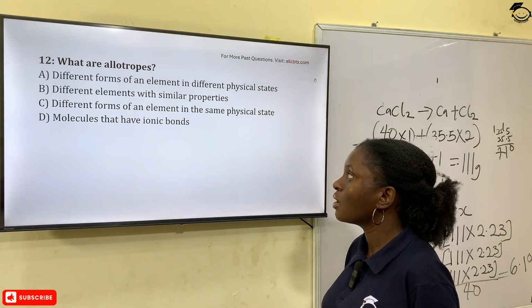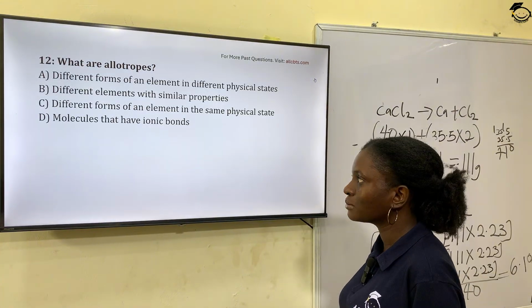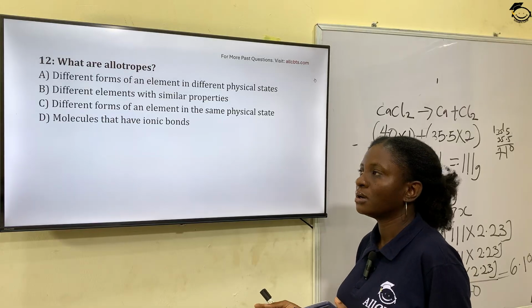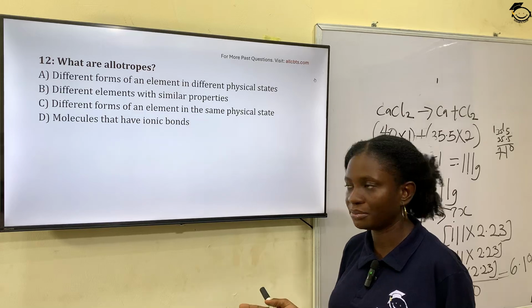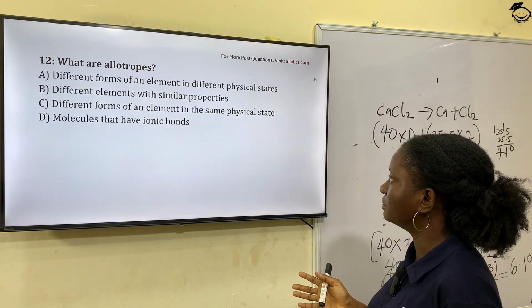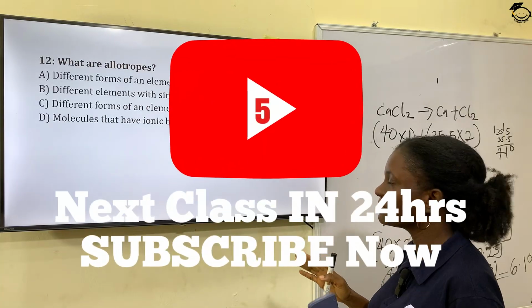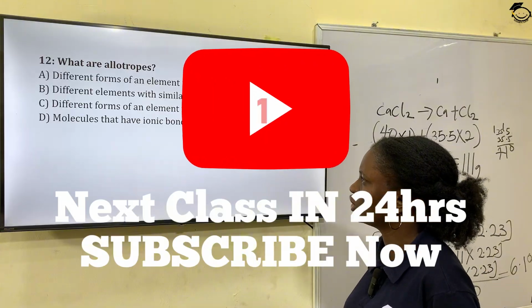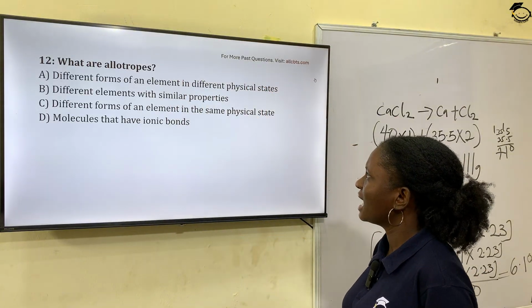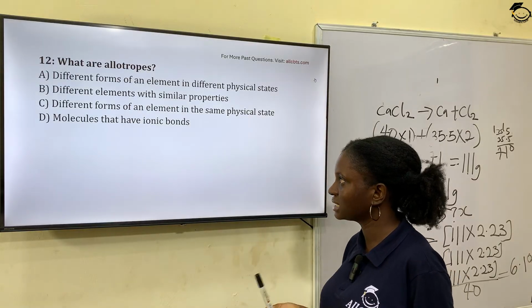Question 12. What are allotropes? So allotropes are different forms of an element that have the same physical state. Let's look at the options. A, different forms of an element in different physical states. That's not correct.